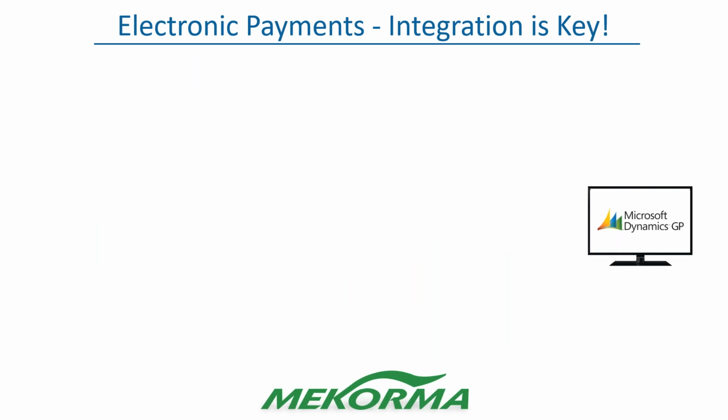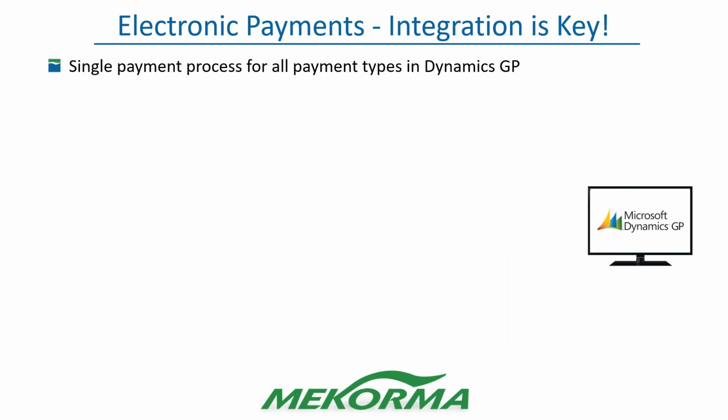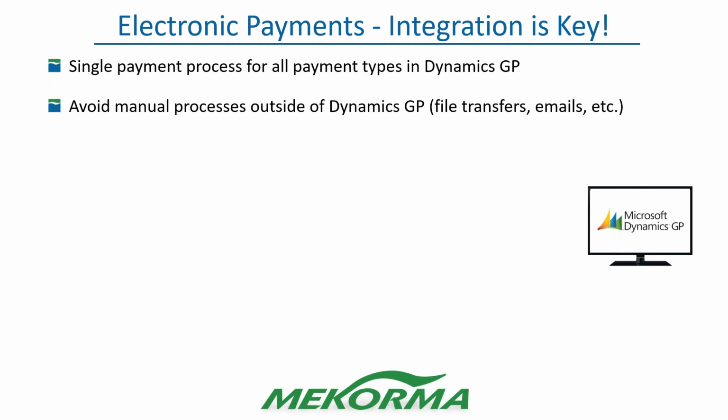Now, what we did here at McCorma and what we really thought about is how can we add a whole new payment type into GP? So that's where the electronic payments comes into place. So you can do the electronic payments right now, but all of that again is manual and involves sending over a file. And then you've got to think about the remittance side of things as well.